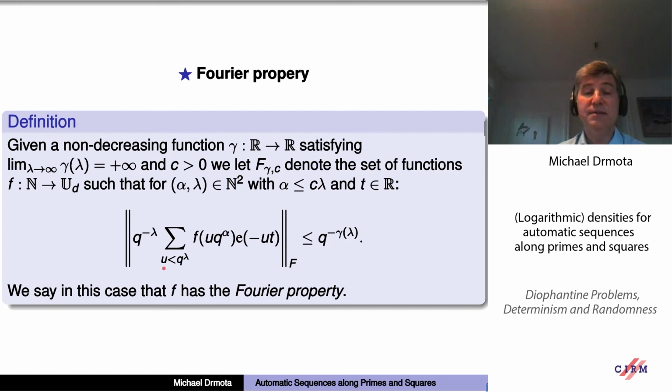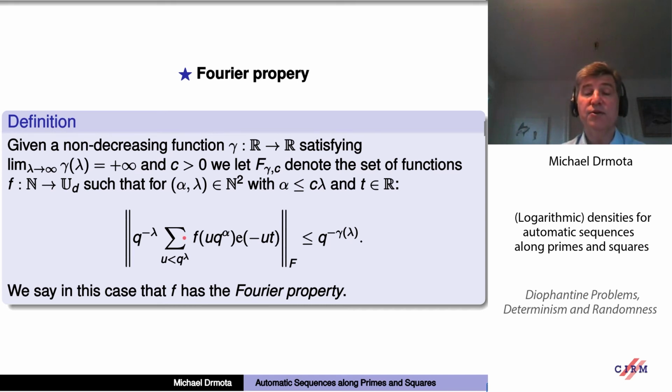What we see here is more or less a discrete Fourier transform of these values. Suppose that alpha is 0, then we just have the discrete Fourier transform of this f, and this f is group valued, so it has unitary matrices as values.